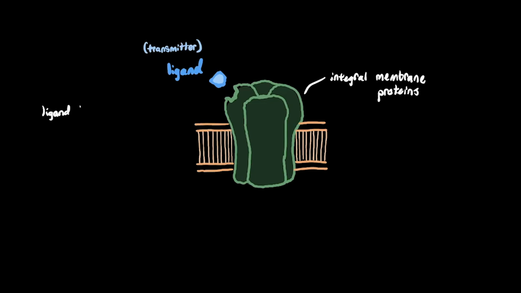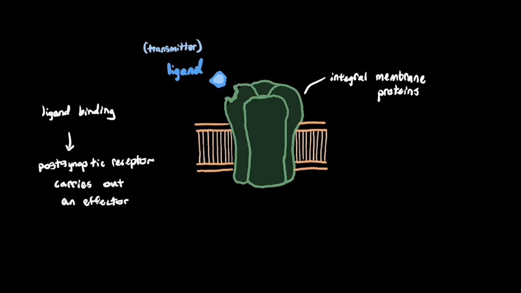So the postsynaptic receptor is the one that carries out an effector function, whether it be gating ion channels, indirectly or directly, causing hyperpolarization or depolarization of the membrane. All of this depends on the postsynaptic receptor and not the ligand or the transmitter binding.